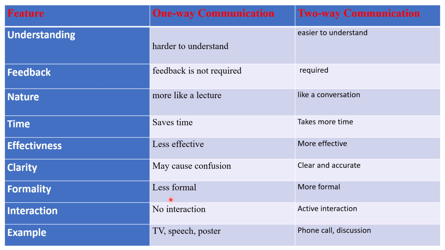One-way communication is less formal, and this is more formal. There is no interaction in one-way communication, while there is an active interaction between two people or two groups or two individuals in two-way communication. And examples: TV, speech, poster. These are all examples for one-way communication, and a phone call, a discussion. These are all examples for two-way communication.